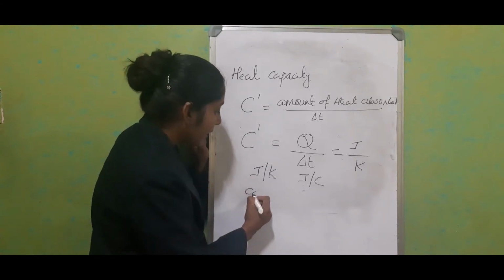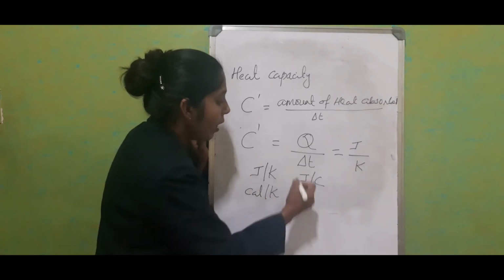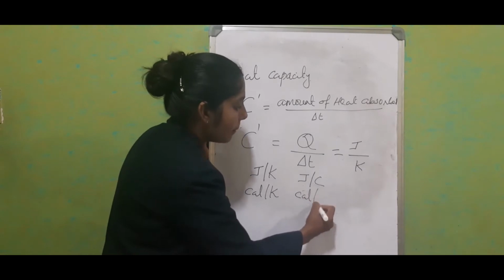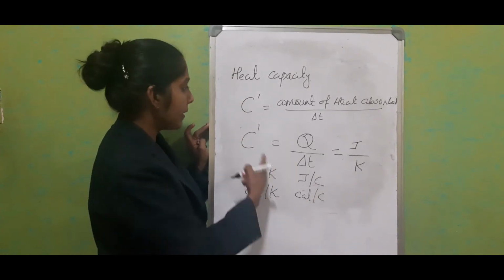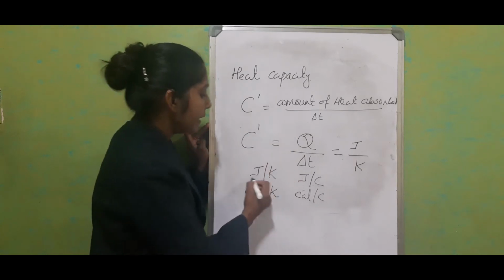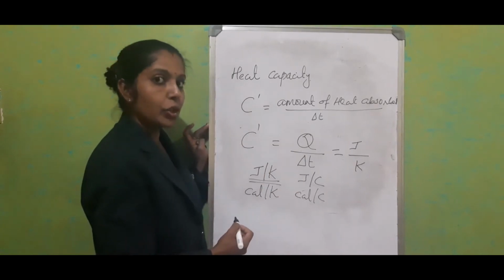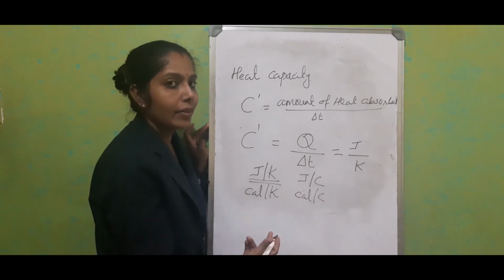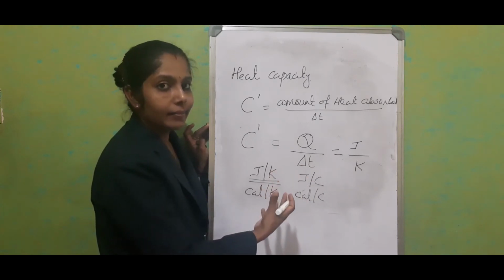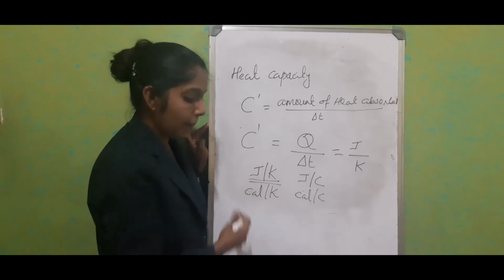We can use cal per Kelvin or cal per Celsius. So these are the 4 ways we can represent heat capacity. The SI unit is joule per Kelvin, and these are the other 3 methods of representing the unit of heat capacity.